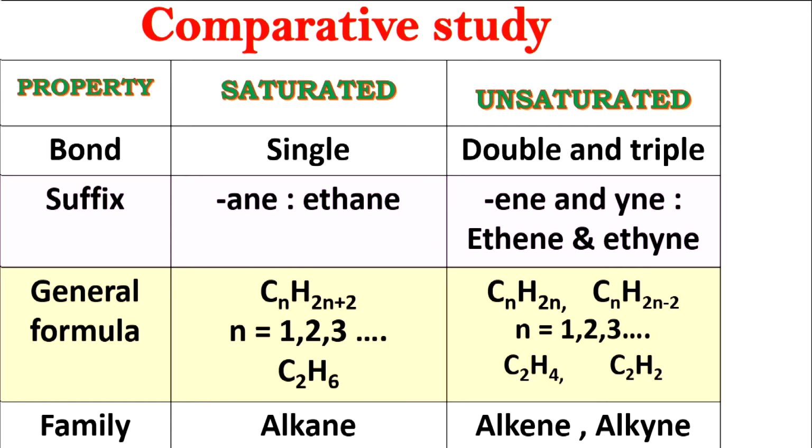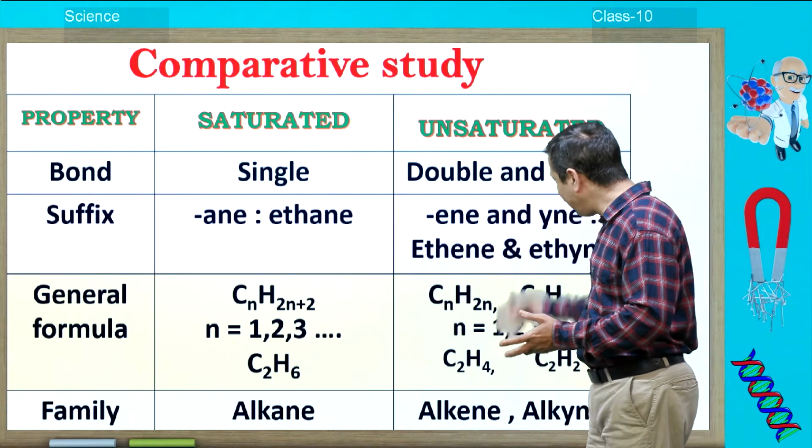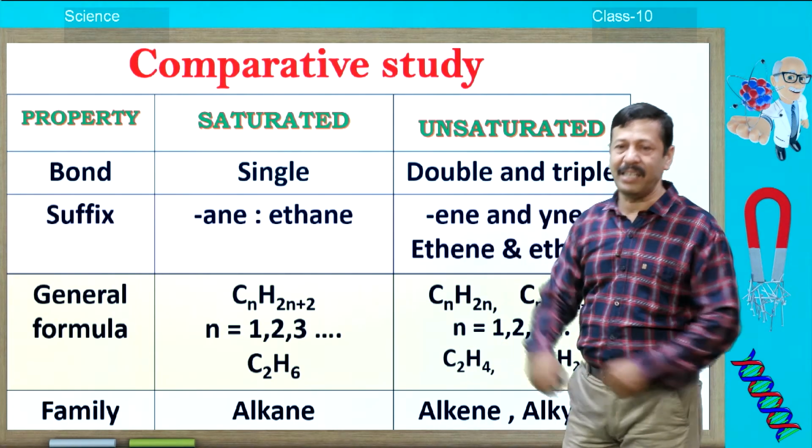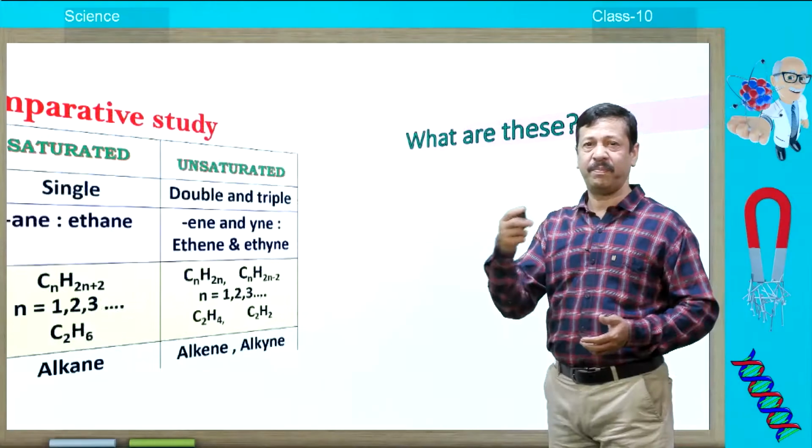Then alkynes, CnH2n-2. Let us take n is equal to 2, then 2n minus 2 means 4 minus 2 is equal to 2, hence ethyne's formula is C2H2. Now, these are examples for the alkane, alkene and alkyne series, right? So, this is the comparative study of saturated and unsaturated hydrocarbons, or differences between saturated and unsaturated.